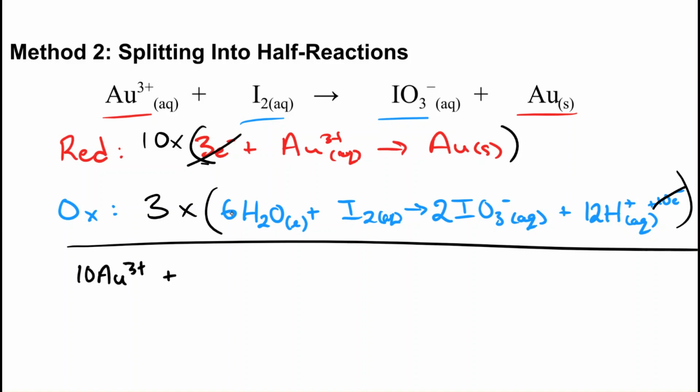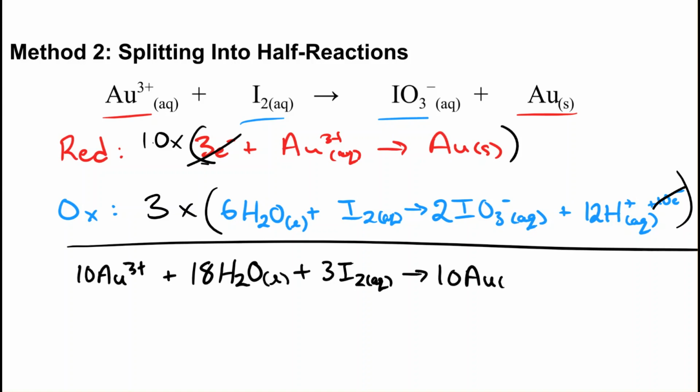So 3 times 6 is going to be 18 waters. I said I was foregoing states of matter and I just ignored myself. 3 times 1 is 3 iodines. 10 golds, so 10 gold. 3 times 2 is 6 IO3 ions. 3 times 12 is 36 hydrogen ions.